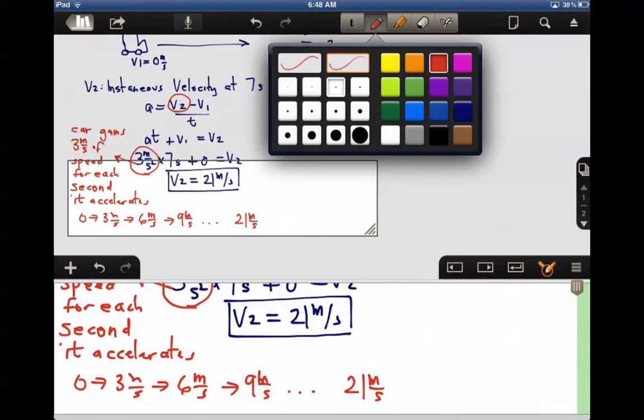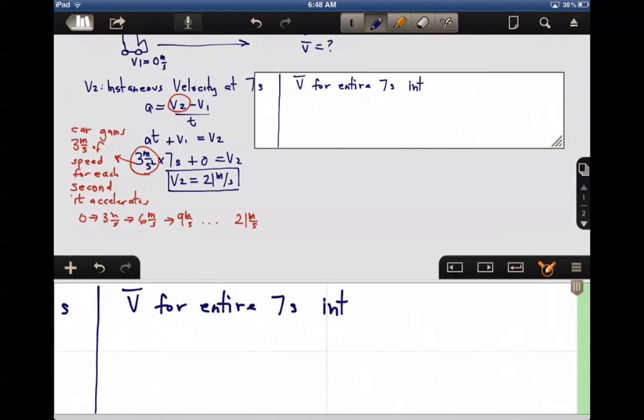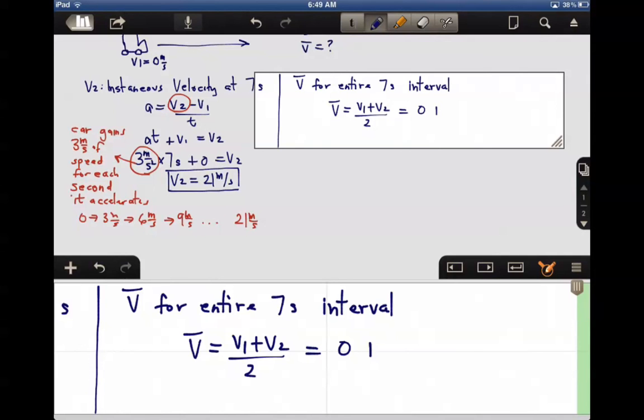The other thing we need to figure out is what is the average for the entire 7-second interval. So this is like reporting an average for a trimester. In order to calculate average, I'm going to use the math version. So v1 plus v2, divided by 2. v1 is 0, v2 was 21.